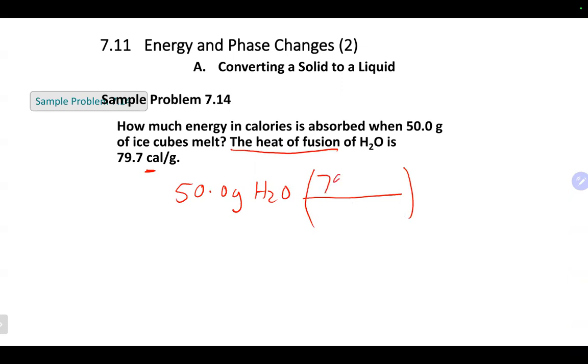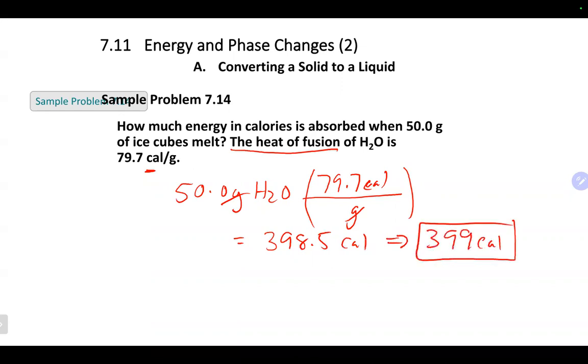The 79.7 calories per gram, those guys would cancel, and we would get 50 times 79.7, 398.5 calories, which once again, like 399 calories, is probably where we should end up in this particular case.